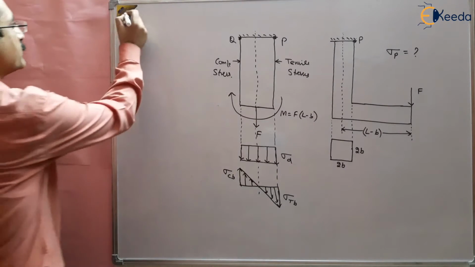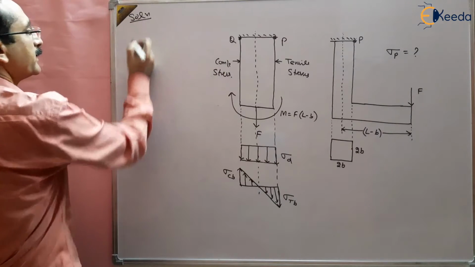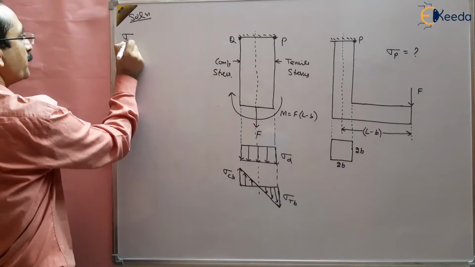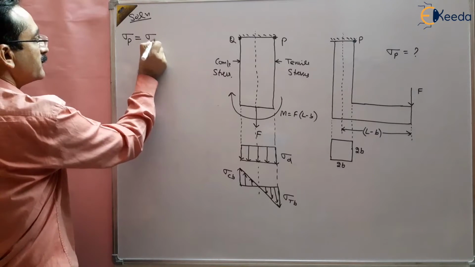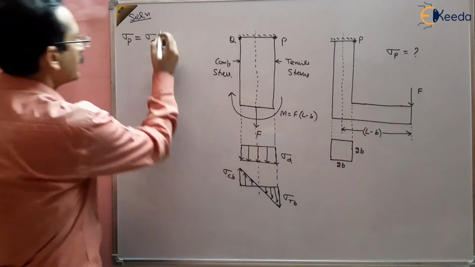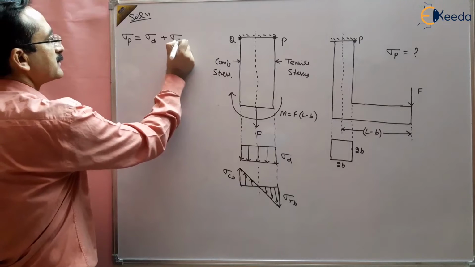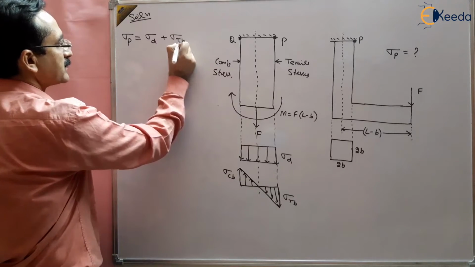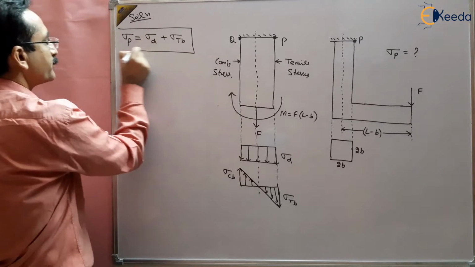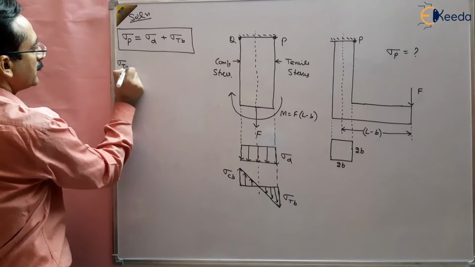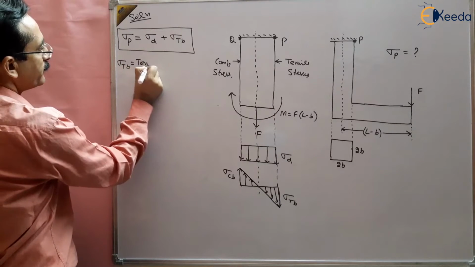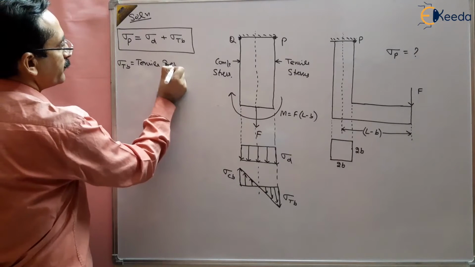So in the solution, we can write that stress at point P will be direct stress, which is tensile, plus bending stress, that is tensile bending stress, right? So sigma TB is tensile bending stress.